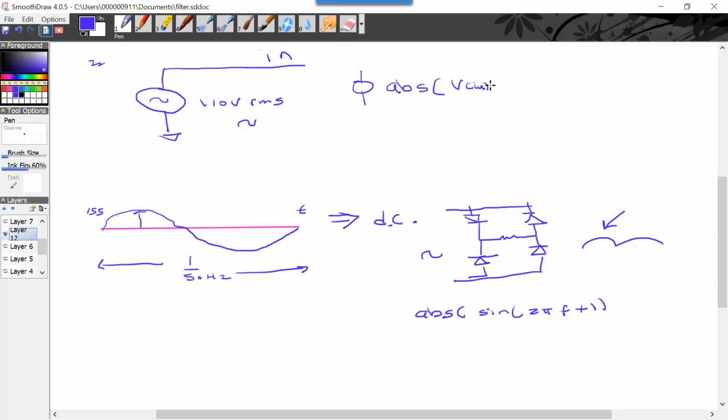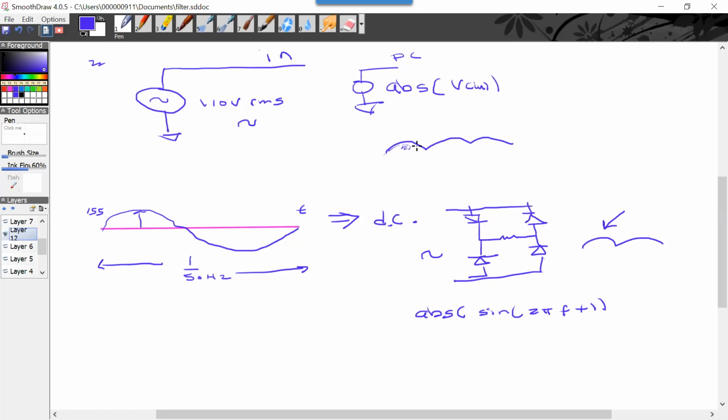So rather than deal with the diodes here, I will just say, oh, here's a voltage source, right? And I can call that DC, right? And so now I'm getting this, and it's actually at twice the frequency.